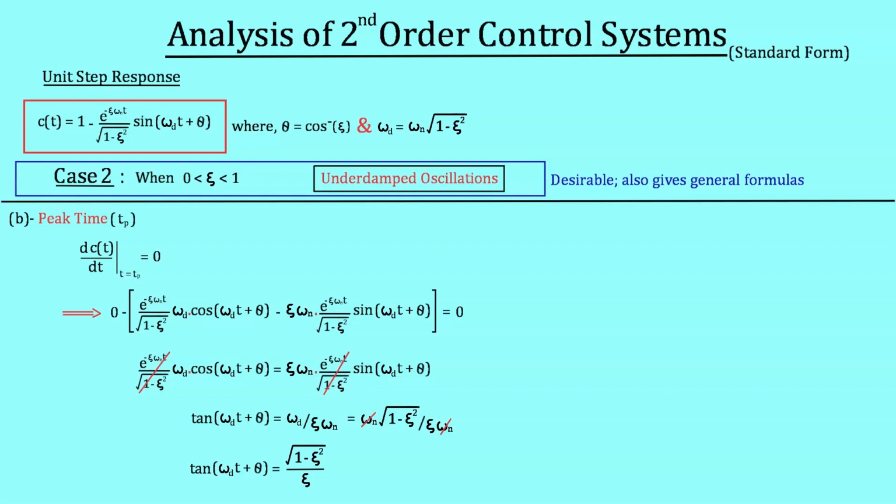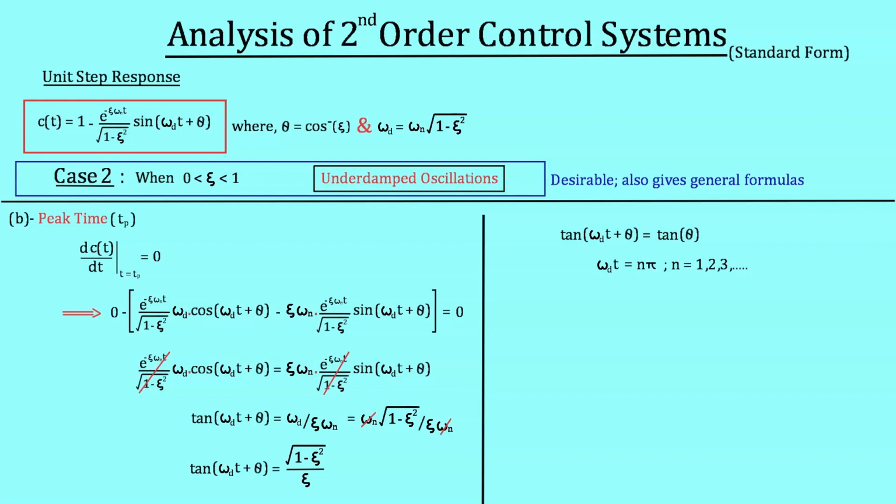If you observe carefully, the expression on the right hand side of this equation is actually equal to tan θ. You can check it yourself by putting the value of ζ equal to cos θ. So, after solving this trigonometric equation, we will have damped frequency ωd multiplied by time t equal to nπ, where n is any natural number. As you can see, there is a range of different values of n.